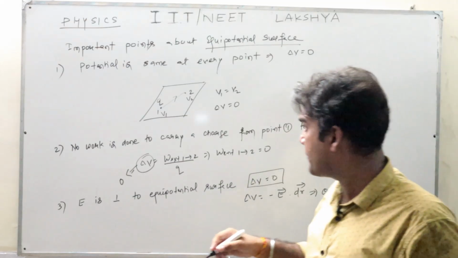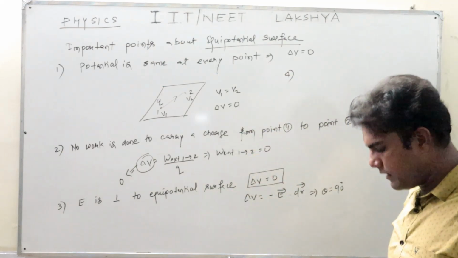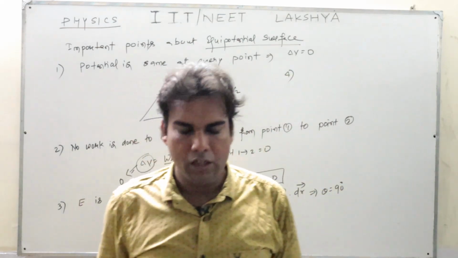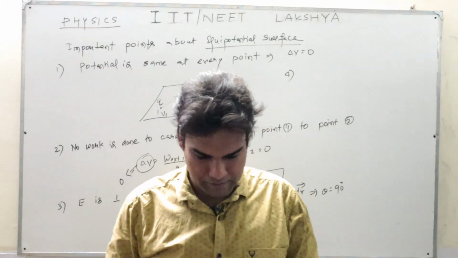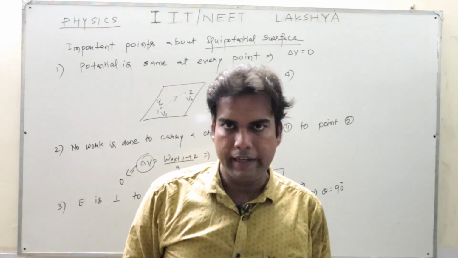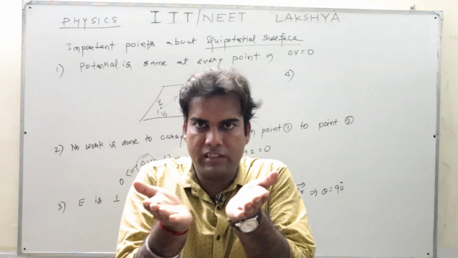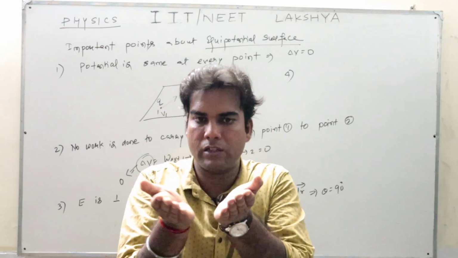That is point number 3. Point number 4: now if you see carefully, suppose there are two equipotential surfaces. This is equipotential surface 1 and this is equipotential surface 2.